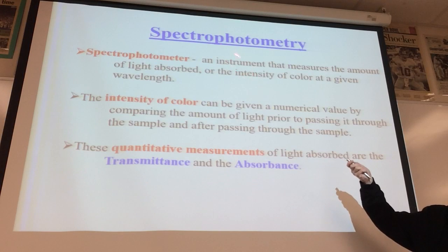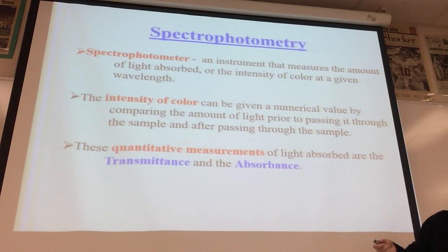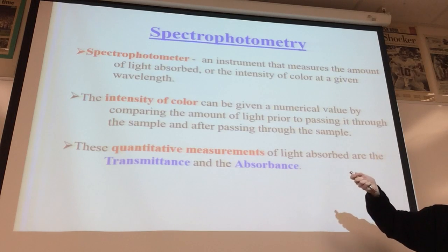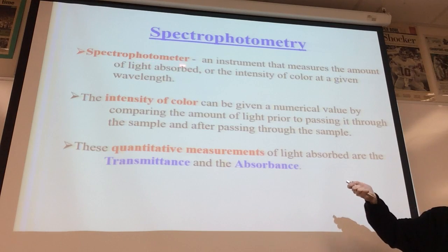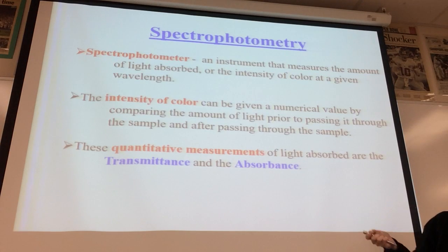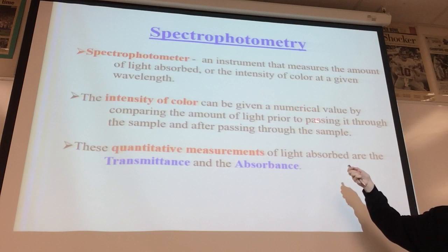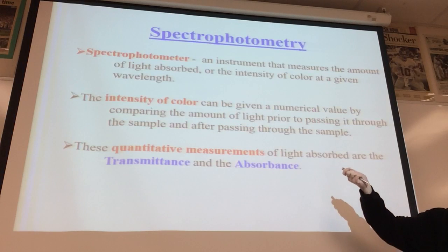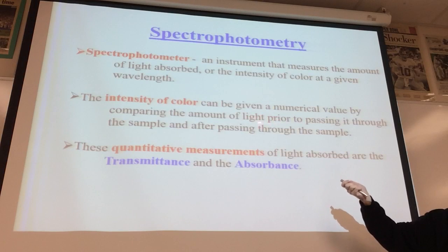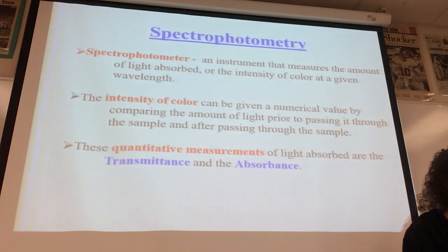As I said, the instrument that you're going to be using in the lab in a couple weeks is the spectrophotometer. That's going to measure the amount of light absorbed or the intensity of color at a certain wavelength. The intensity of color can be given a numerical value when you compare the amount of light that you start with to the amount of light that passes through the solution.